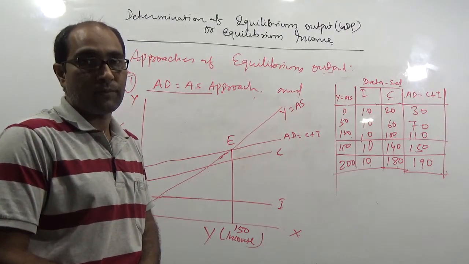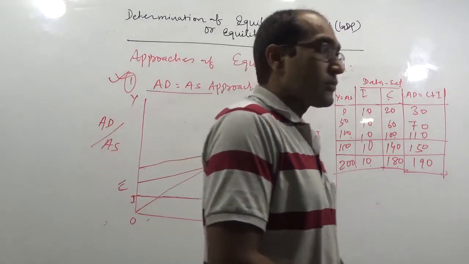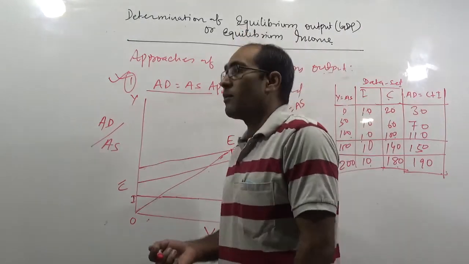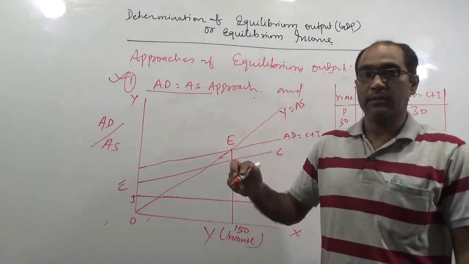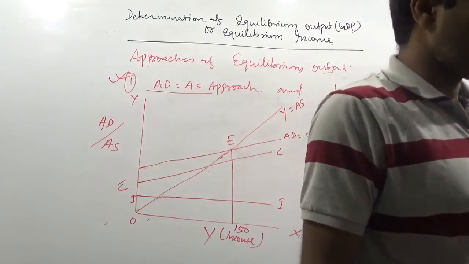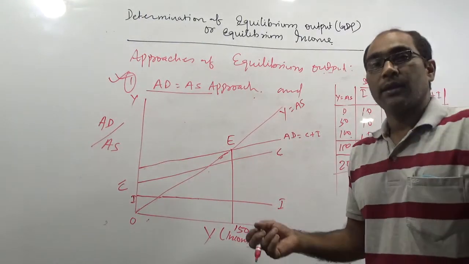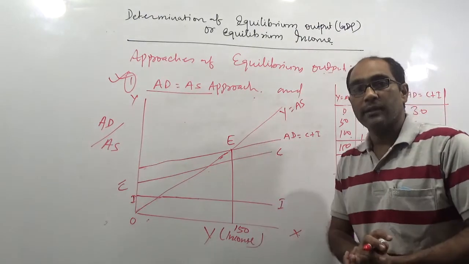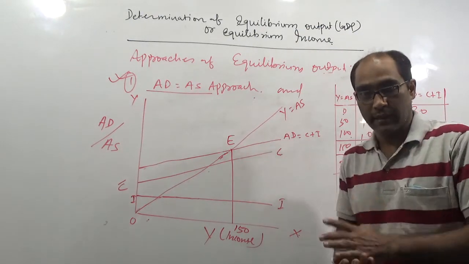See, to get the equilibrium, our condition is that AD must equal AS, and it's possible only when our AD curve is intersected by the AS curve.